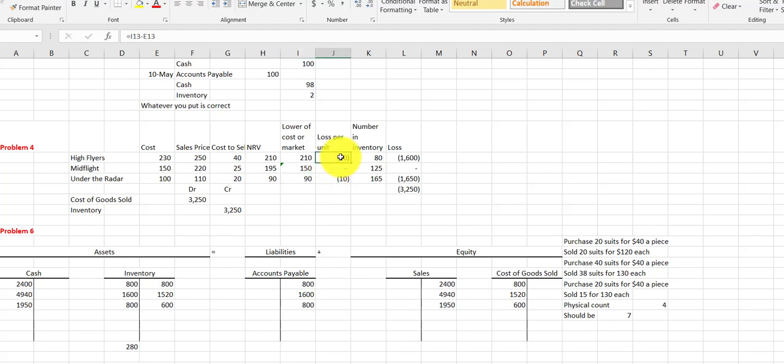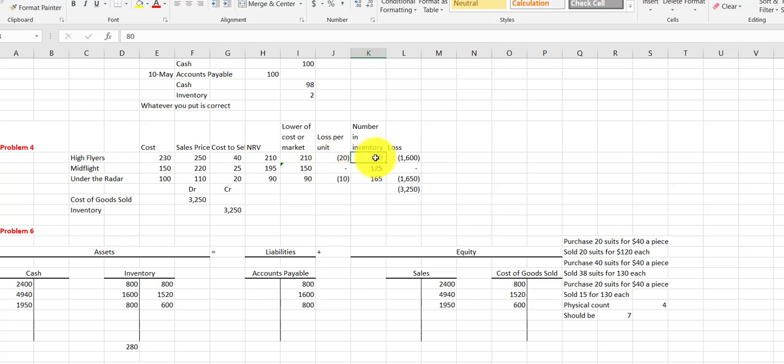Where we choose the net realizable value, we take a difference between that net realizable value, or that market value, and the cost. So we notice that that's $20 below the cost. This is $10 below the cost. This, of course, is the same as the cost, so there's no loss. This is how much we lost per unit.